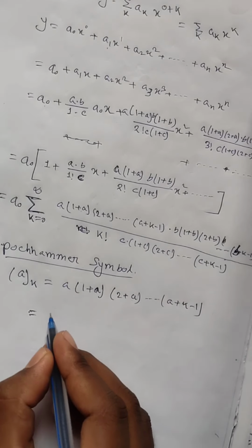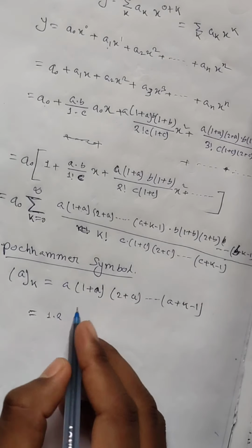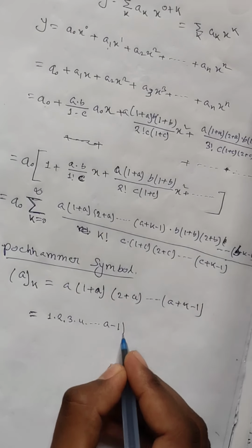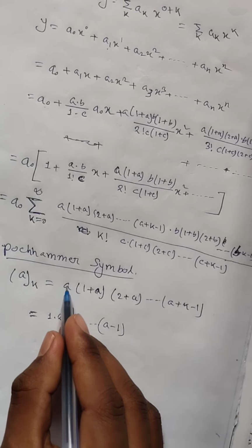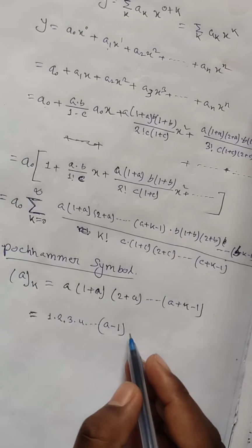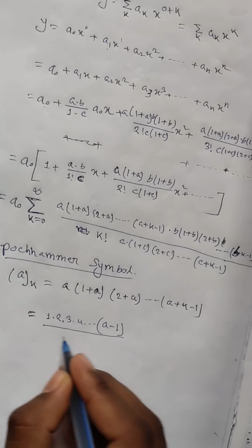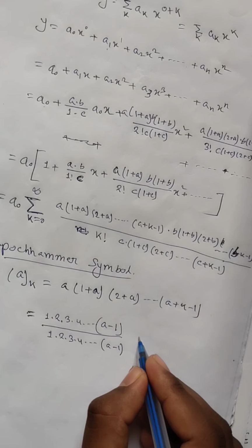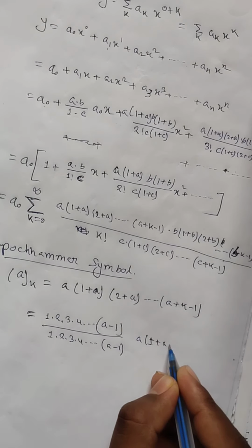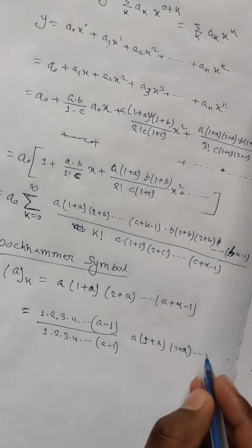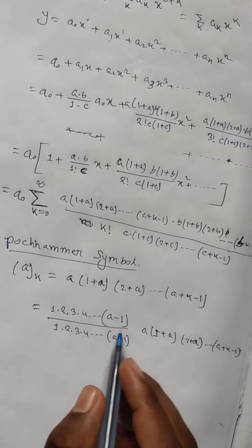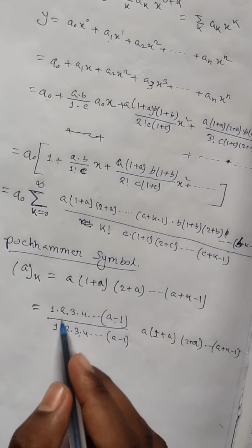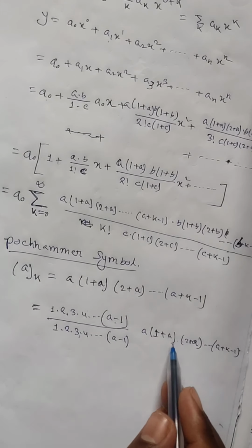If we multiply with 1 2 3 4 dot dot dot up to a minus 1, which is less than a, that is a minus 1, then this term and this term will cancel out, so we get this term.